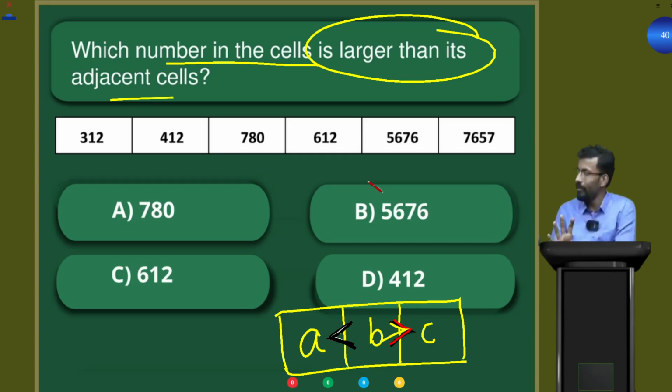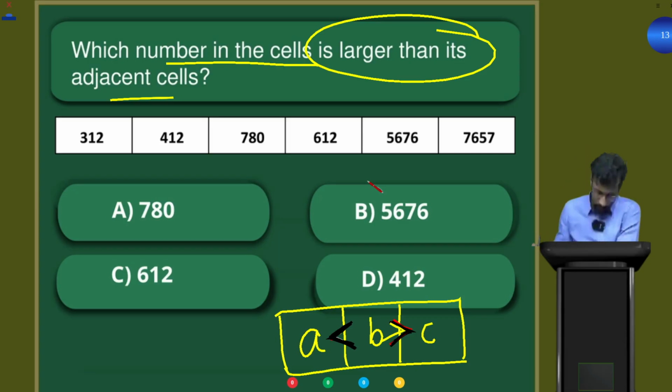If you eliminate the options, there are total 6 numbers, and in the options there are four numbers. So 2 options are already eliminated. Now you have to eliminate the options and then we will find the correct answer. So answer it properly.